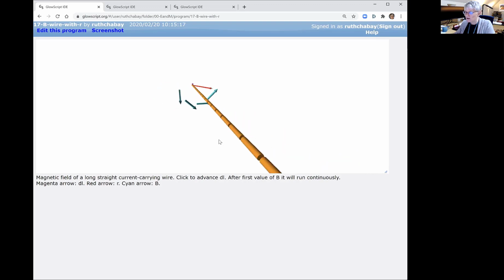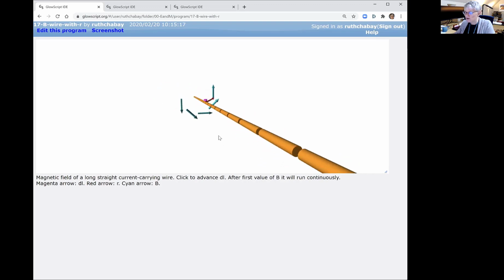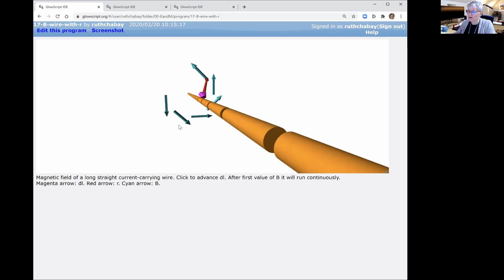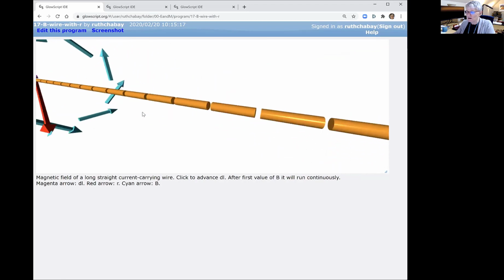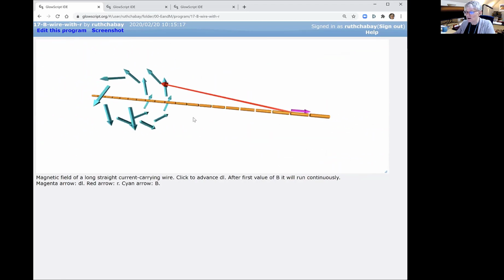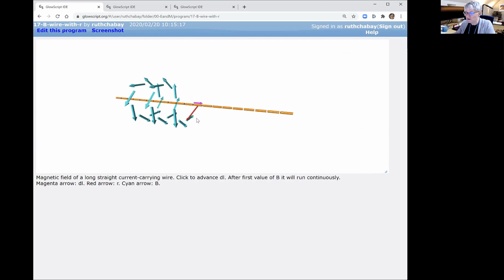And as we take observation locations around the wire, we can see that we're getting this pattern of magnetic field that we saw for a single moving positive charge. Okay, and now we can add a whole bunch of other observation locations.